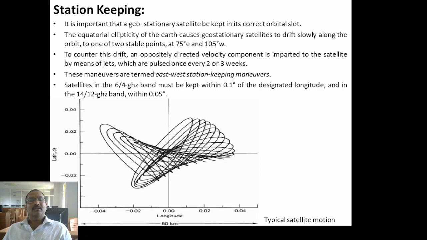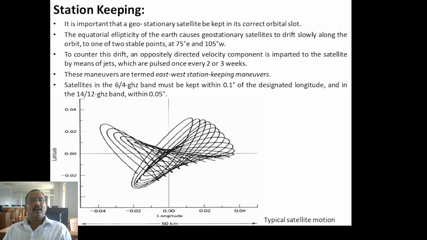To counter this drift, from the Earth stations we give an opposite directional velocity component to the satellite. This is done by means of jets which are pulsed once every 2 or 3 weeks.